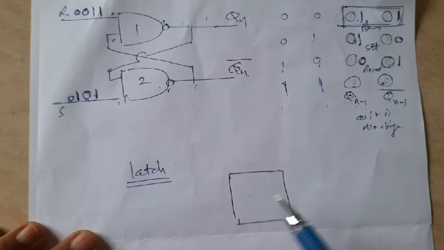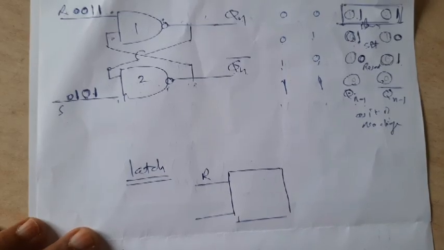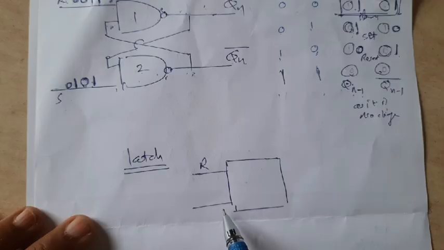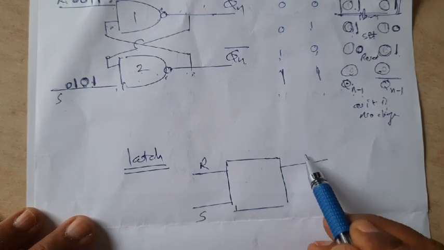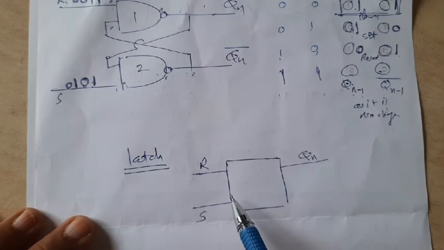The reason is interesting. Suppose I draw the block diagram. Here I will write R, that is the reset input, because the flip-flop gets reset. I will call this the set input. This is the main output of the flip-flop, Qn.